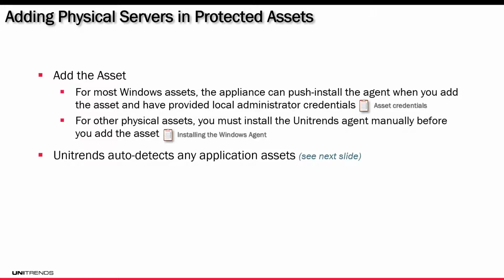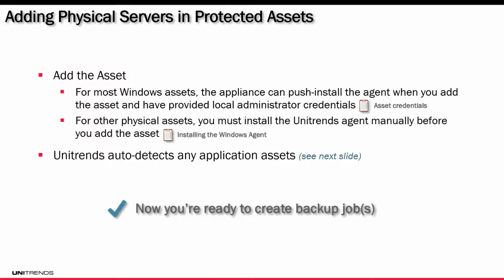And Unitrends, once again, auto-detects any application assets that are running SQL, Exchange, or Oracle on Windows, and also check the Linux dependency type stuff when you're running the Linux agents for Linux Oracle or Solaris Oracle. And once you make the asset connection, you're ready to start creating your backup jobs based on those asset types that you've created.